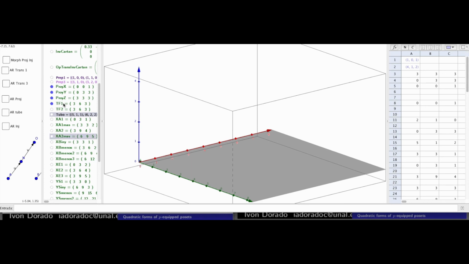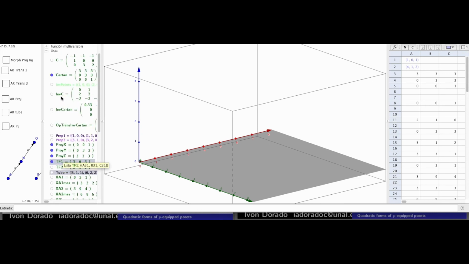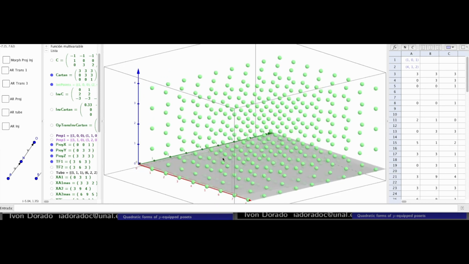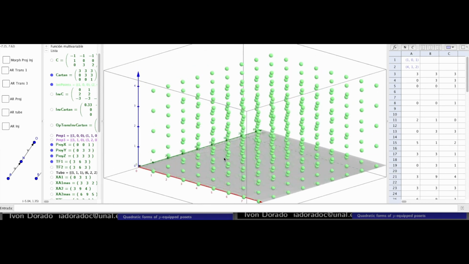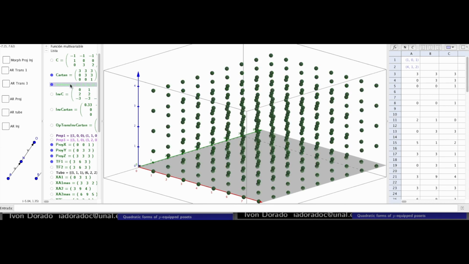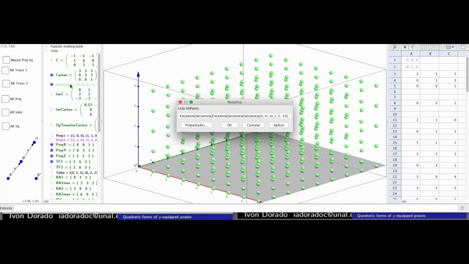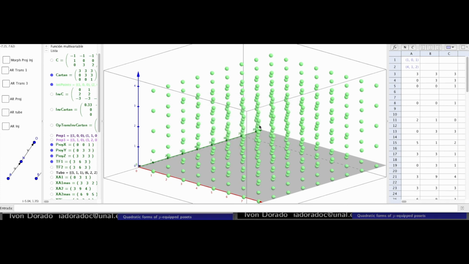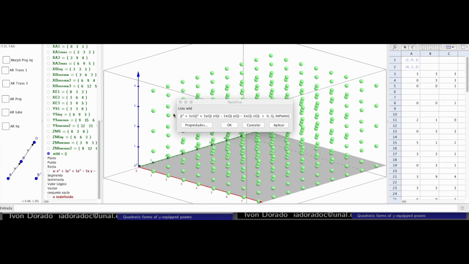First we set a list of points with natural coordinates, this list here, and we search if some of these points, which we construct here with this instruction in GeoGebra, and with this other instruction we evaluate the quadratic form in each point, and we keep the point if the quadratic form is less than 0.